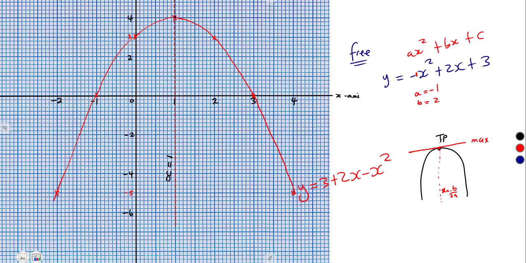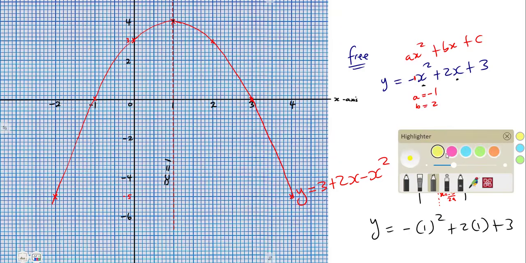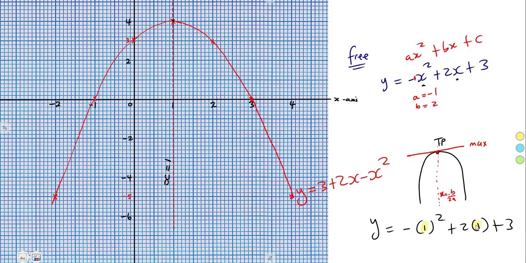So for the turning point of this graph, it is simply going to happen where x is 1, the one that we calculated. So the y value can be obtained by substituting the value of x at the turning point into the given function. So remember, we said x is 1 at the turning point.